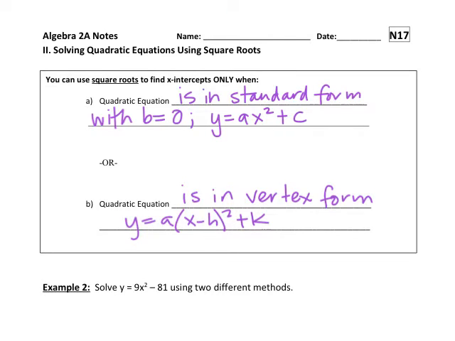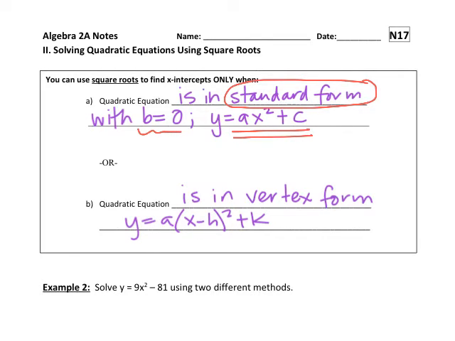All right, so why do we need to know about square roots when we've been working on quadratic equations? Well, we're going to solve a quadratic equation using square roots. Now, you can only use square roots to find x-intercepts when your equation is in standard form. So you're going to be looking for a standard form. However, b is going to be equal to 0.